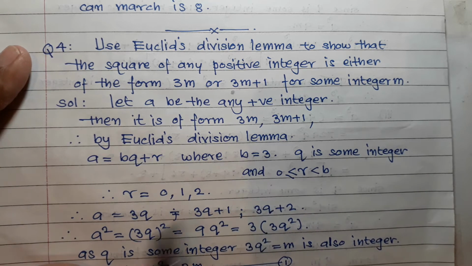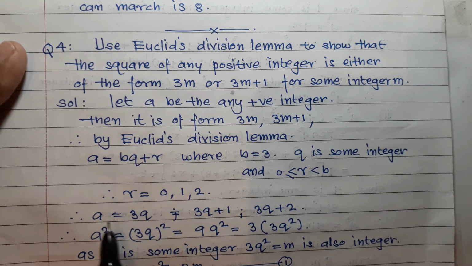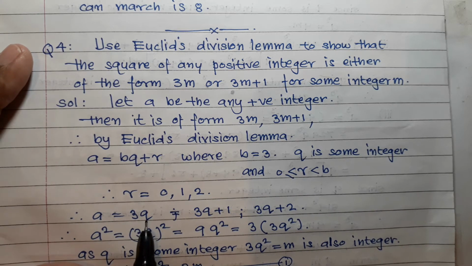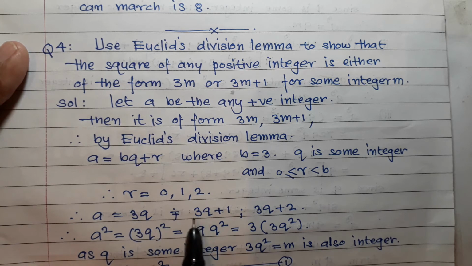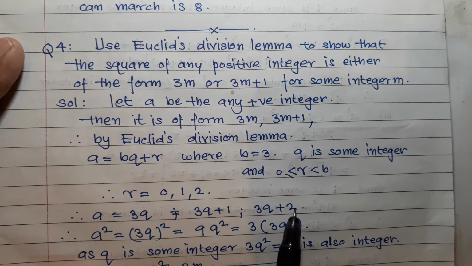So b is 3, so r is 0, 1, or 2. And therefore a = 3q, or a = 3q + 1, or a = 3q + 2.